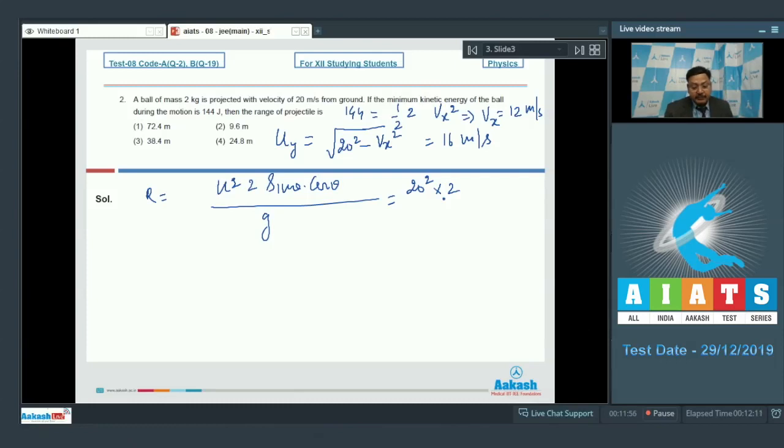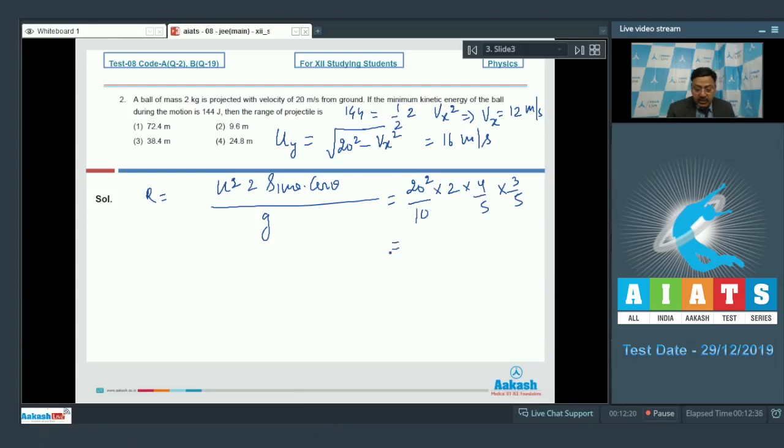Sin theta will be uy upon v, that means 16 by 20, which is simply 4 by 5. And similarly, cos theta will be Vx upon v, that means 12 by 20, or simply 3 by 5. The value of g we take as 10.